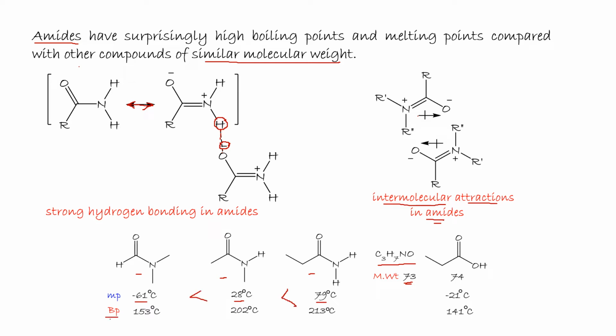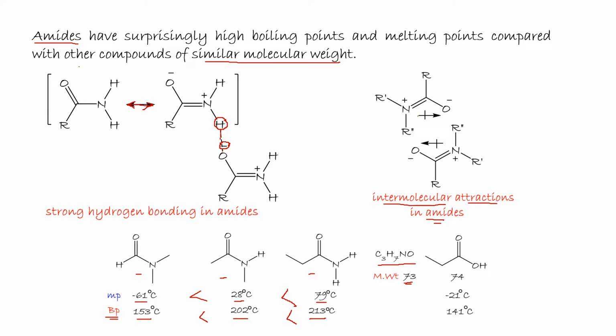For the boiling point, the tertiary is 153, secondary is 202, primary is 213 degrees Celsius. Again, the same trend: the primary is higher than secondary, than tertiary.